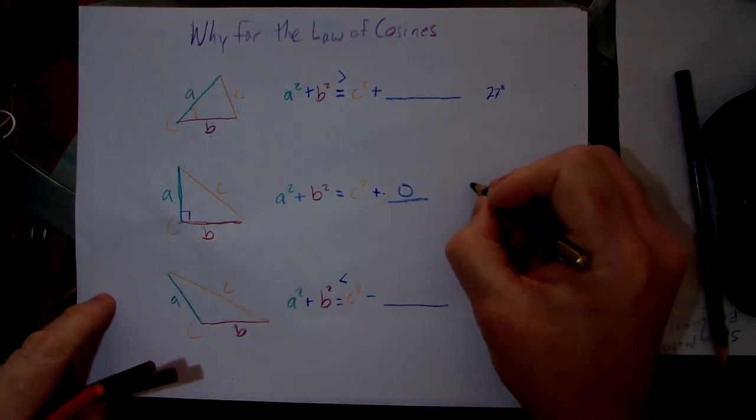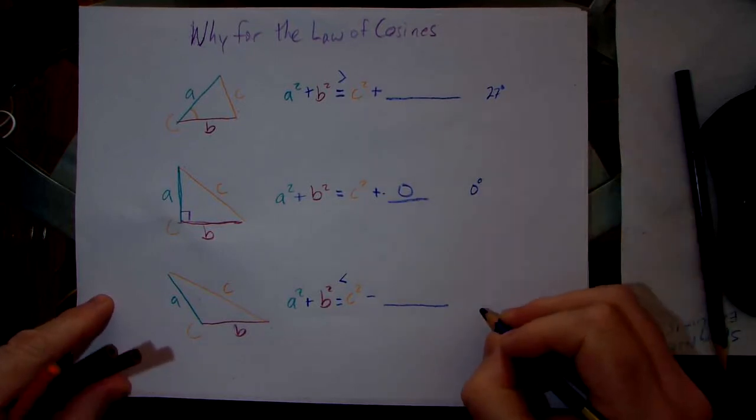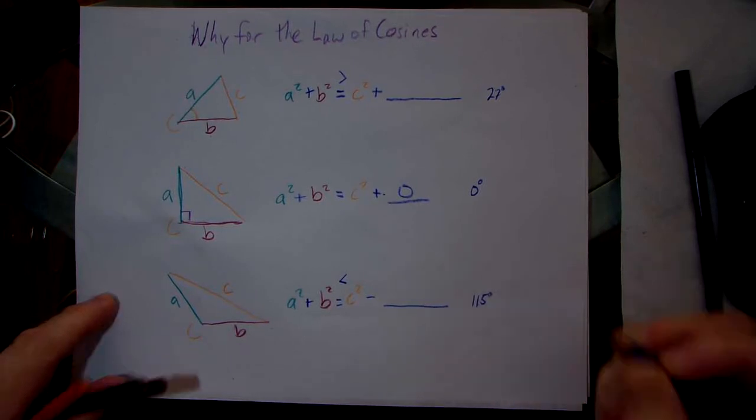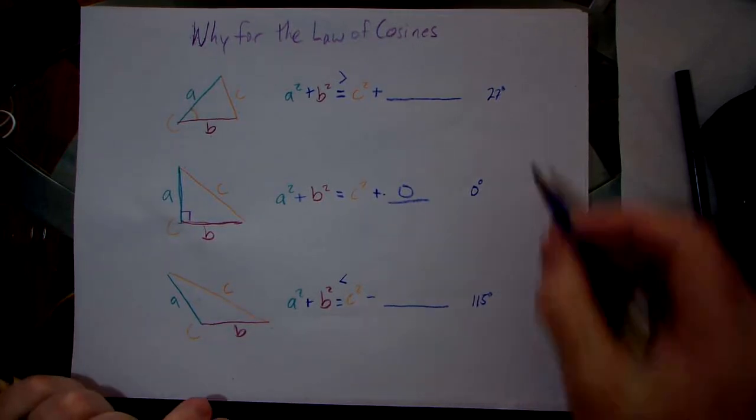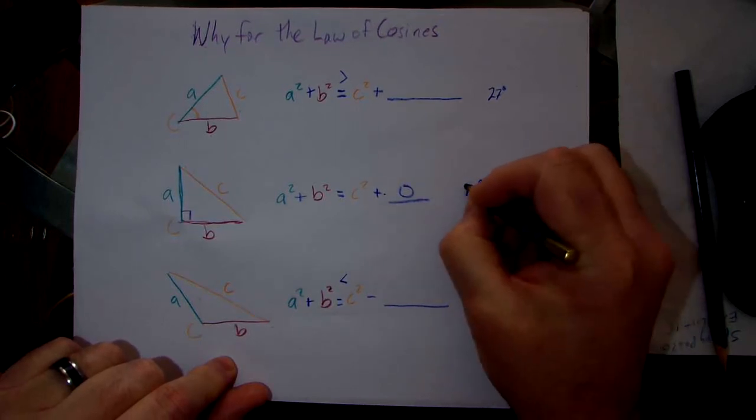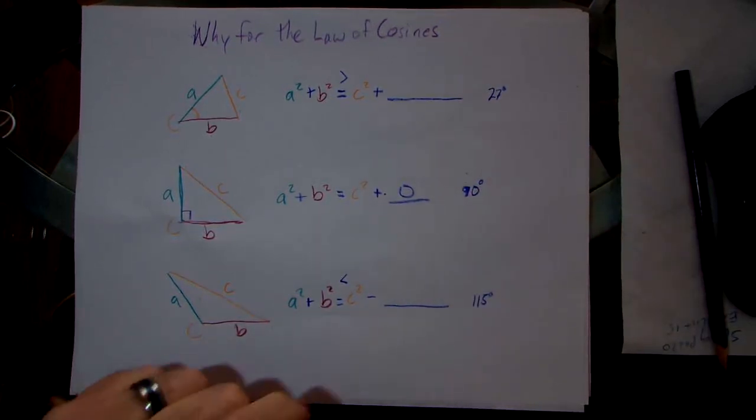So here angle C is 90 degrees, and here angle C is 115 degrees. Again, it doesn't matter specifically what these are, but we have an acute angle, 90, and 115.